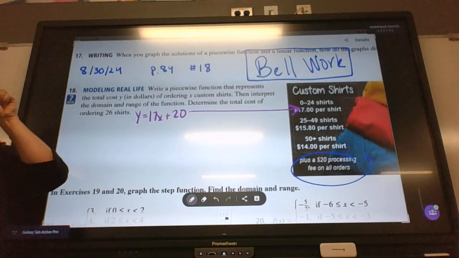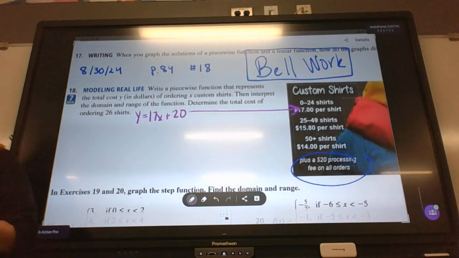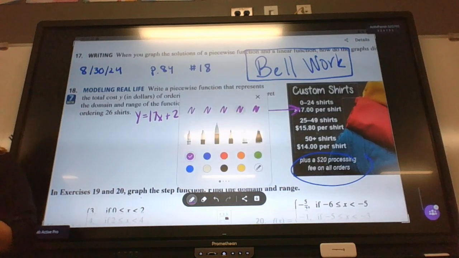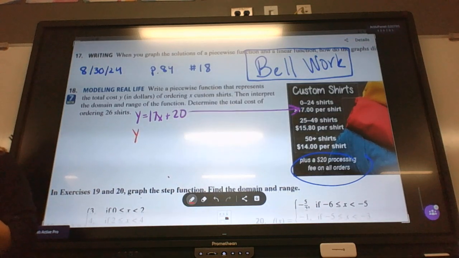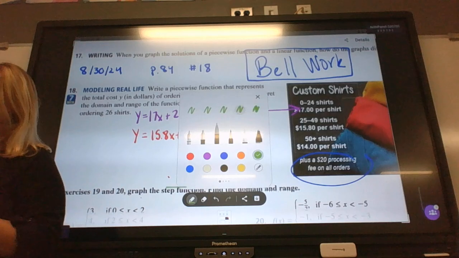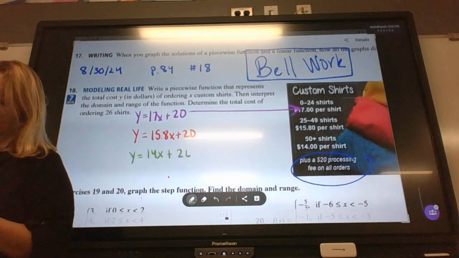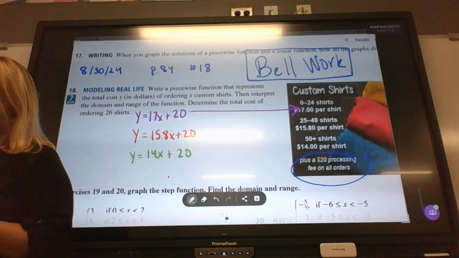They put it tiny, like, oh, plus taxes and all that stuff, right? Oh, a hidden processing fee. Why am I surprised? Okay, 15.80x plus 20 for that middle scenario, and 14x plus 20 for the last scenario.